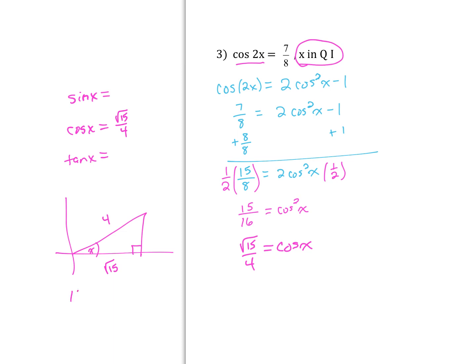So we're going to do 16 minus 15 equals y squared. So this is just 1. All right, so my sine for this is 1/4. That's nice. My tangent is going to be 1 over root 15, and then we've got to rationalize.